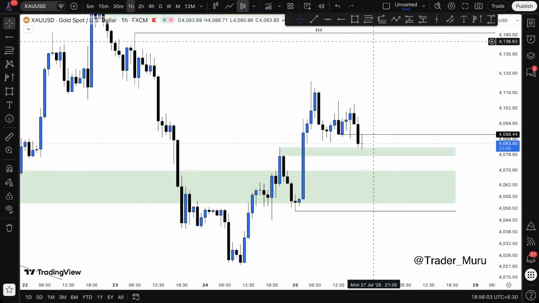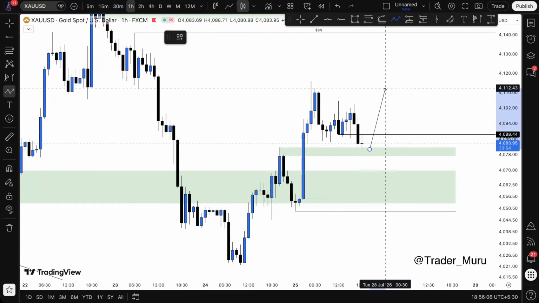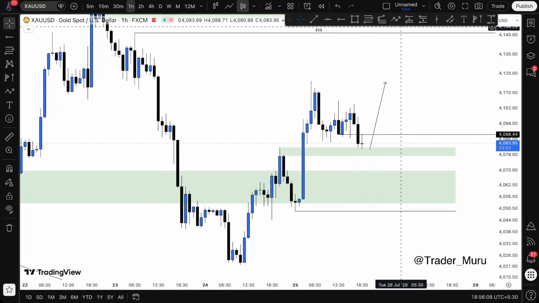Forget about this one. Our view is still bullish from these two areas.